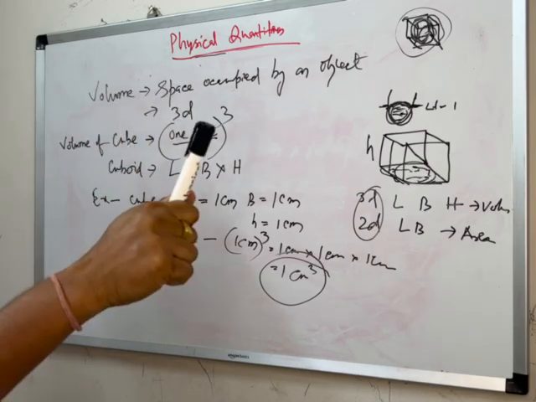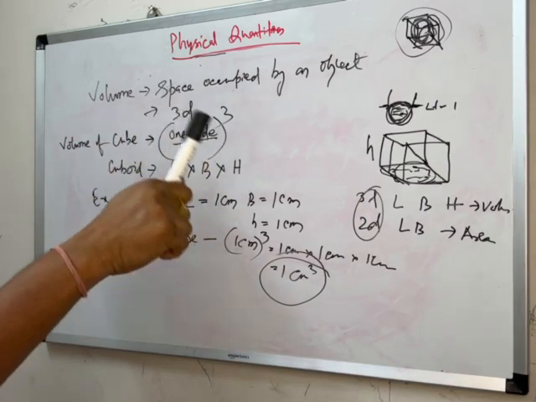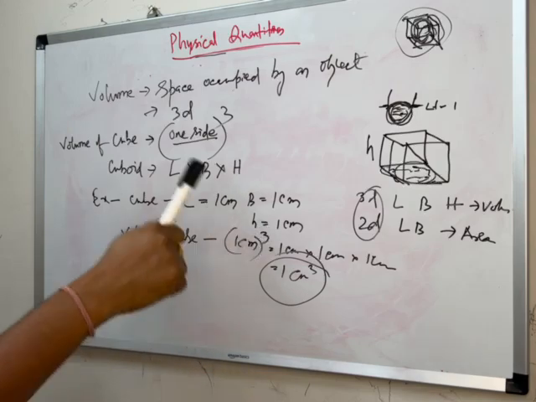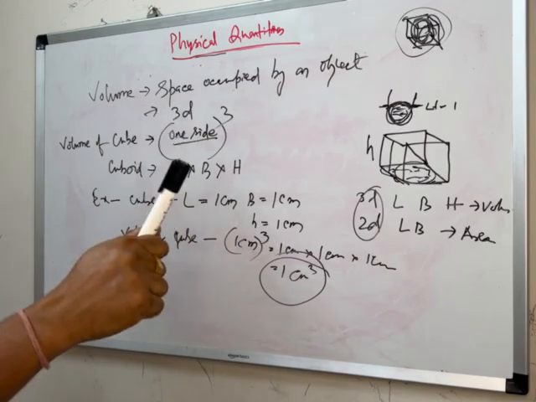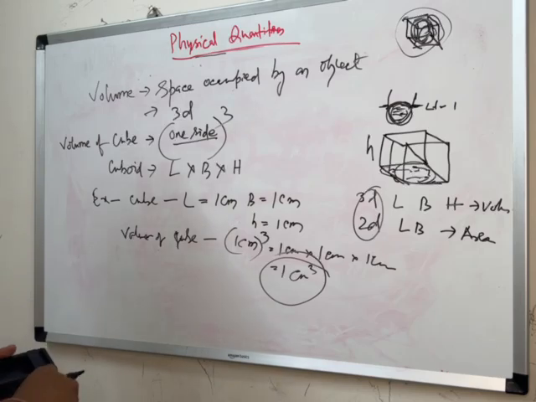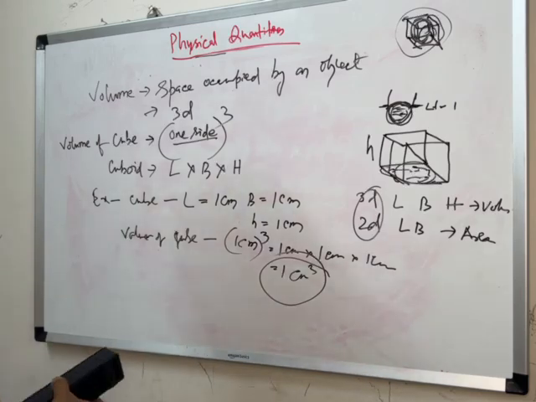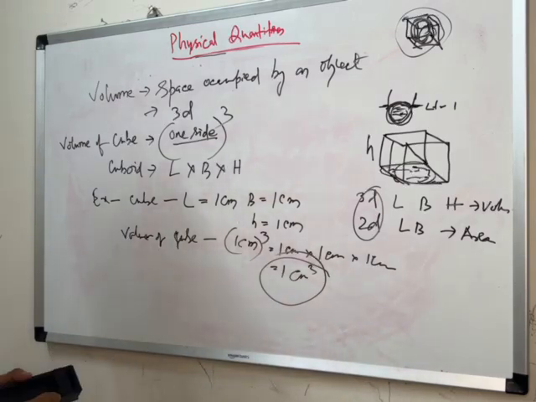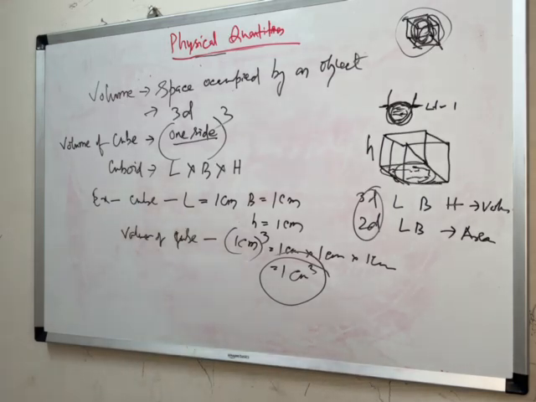Like if kg is there, meter is there, you have to convert. Suppose 2 are in centimeter, 1 in meter, then you have to convert that meter into centimeter. Okay, then write it down, then we will go to another 2-3 examples.